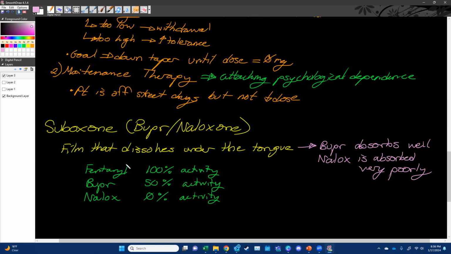Why include the naloxone? What would be the purpose then if none of it gets absorbed? Stops the misuse. How though?